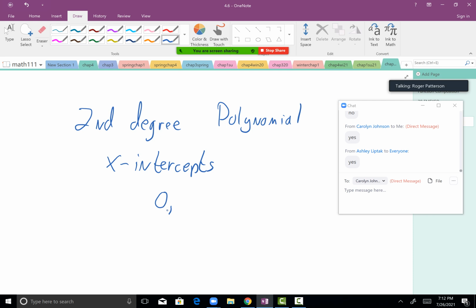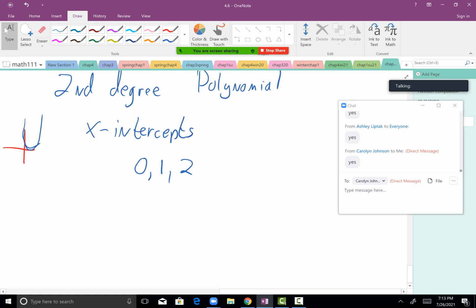Yes, good. How can I just have 1? Because it can look like that. You can adjust the slider so it just has 1 x-intercept there. Can we have 2? Yes, obviously we can have 2. So we can have 0, 1, or 2.